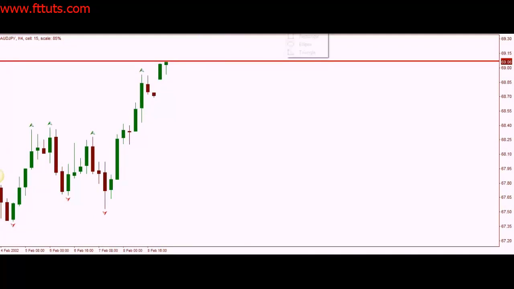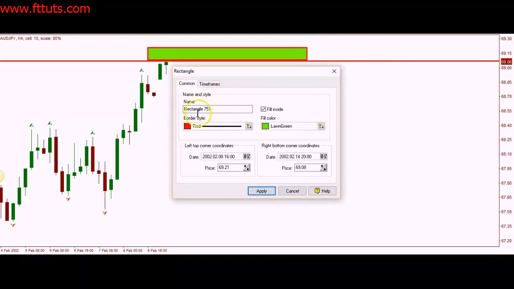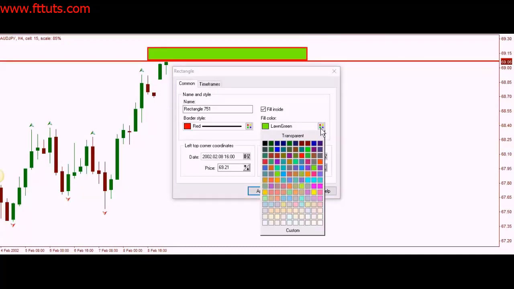So again, we'll put a little box here to represent buyers and sellers. And this time I'm not going to put the numbers in. We'll just know this is an area. Mark this.